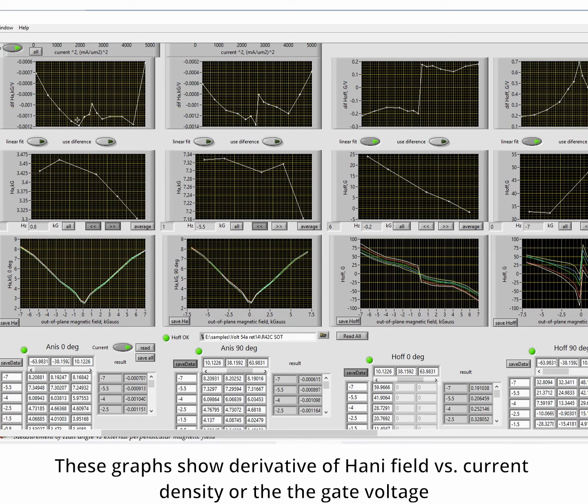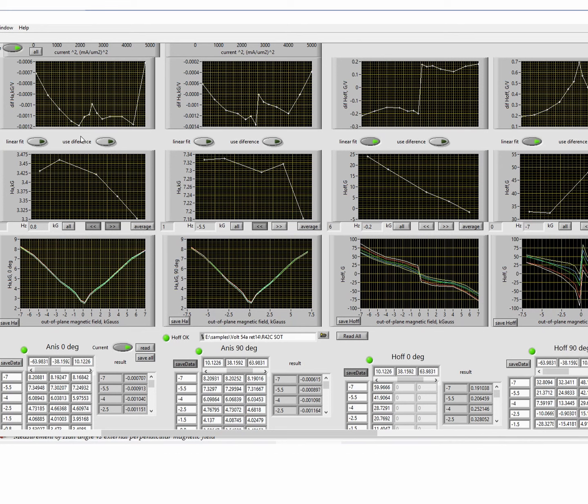This graph shows the derivative of anisotropic field versus current density or the gate voltage. The x-coordinate is the out-of-plane magnetic field in kilogauss.